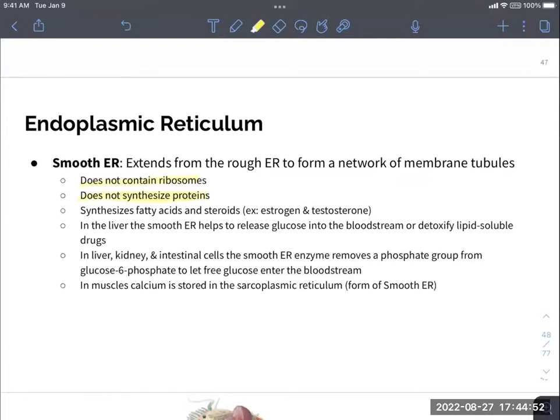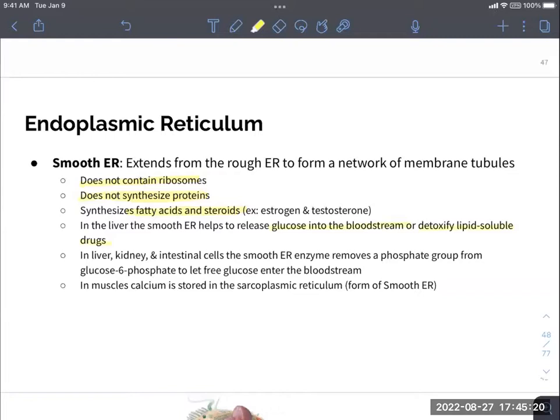Instead, the smooth endoplasmic reticulum makes fatty acids and steroids. Steroids that are made could be estrogen or testosterone. In the liver, it helps to release glucose into the bloodstream, or it could detoxify lipid-soluble drugs.